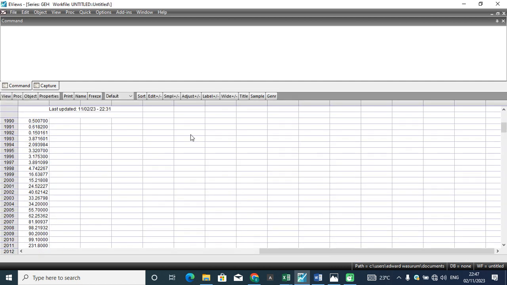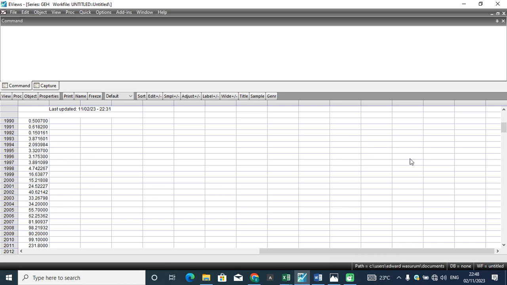My study objective is to identify the breakpoints in this annual time series data that was gotten from the World Development Indicators. I will now attempt to perform a unit root test on this time series data.